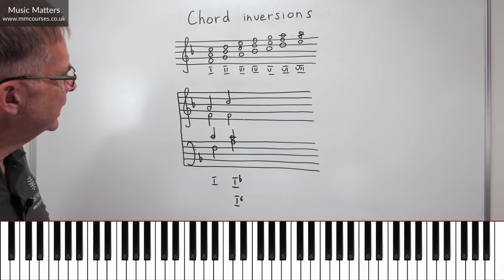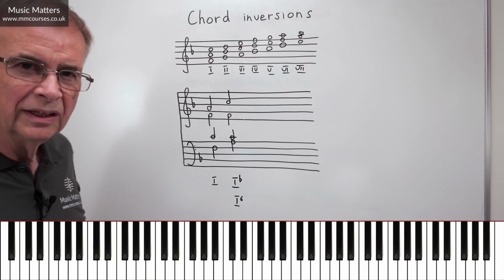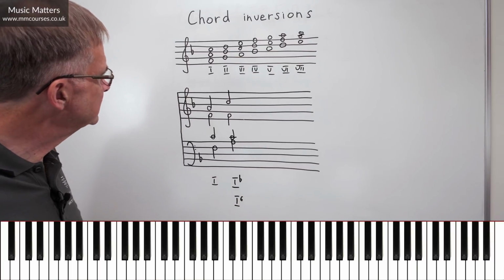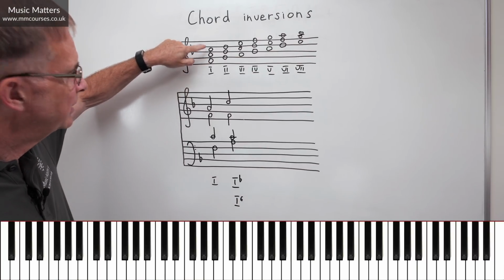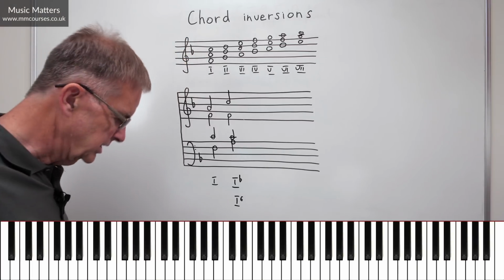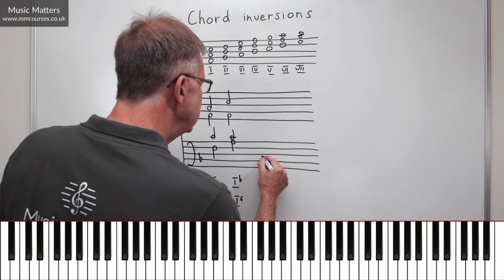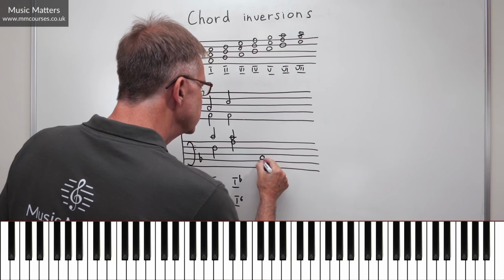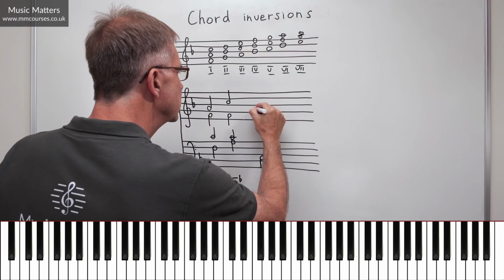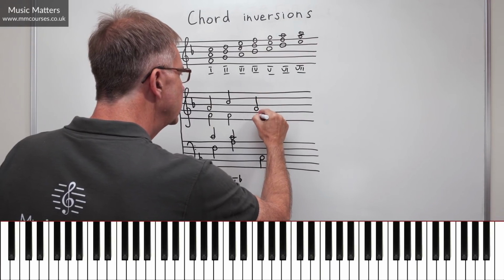Okay, well, say I decide I want to use chord 1, but I want to put it in second inversion. Well, you've already guessed it, I'm sure. It's going to be the F, A, C notes again, but I'm going to have C as the lowest sounding note. So let's put that C in first. So say I have C in the bass, and then, we'll reorganize things a little bit.